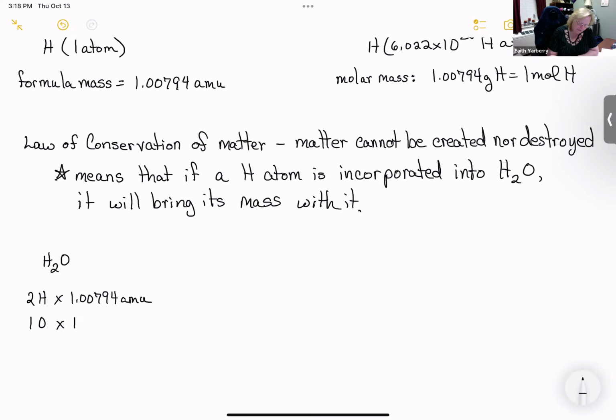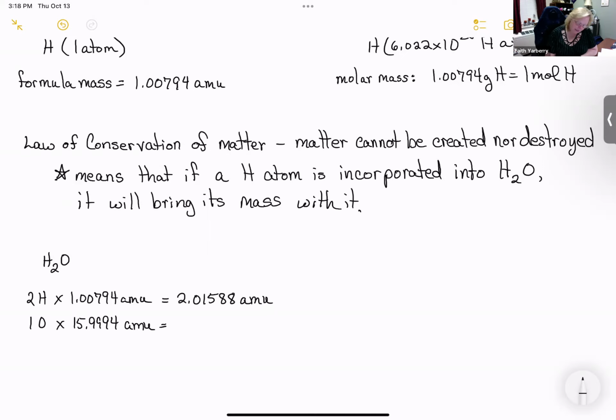Oxygen has a mass of 15.9994 AMU. The hydrogens contribute a total of 2.01588 AMUs to the overall mass.